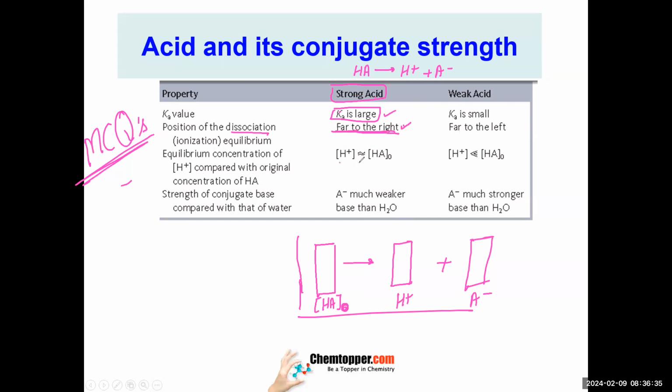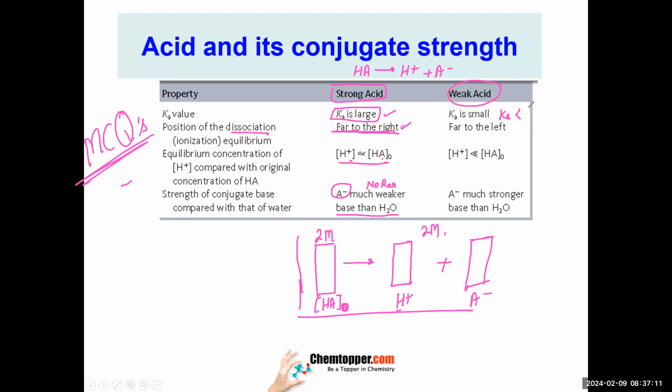So that's what they are writing, that H plus and HA are nearly the same. If this is 2 molar initially, after dissociation, this is also 2 molar. Please remember that. What else? The conjugate base is weaker than water. No reaction with water. This is what I was explaining earlier.